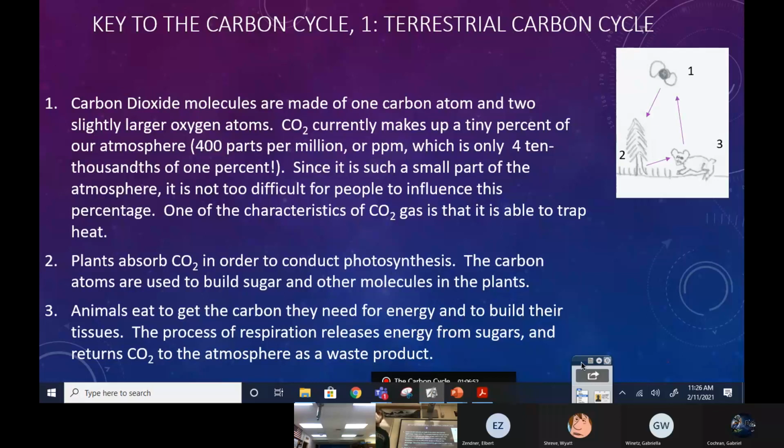On the other hand, something like nitrogen gas makes up 80% of the atmosphere. It would be very difficult for us to change the amount of nitrogen in the air. But CO2, we can easily modify that. An important characteristic of CO2 is that it can trap heat.